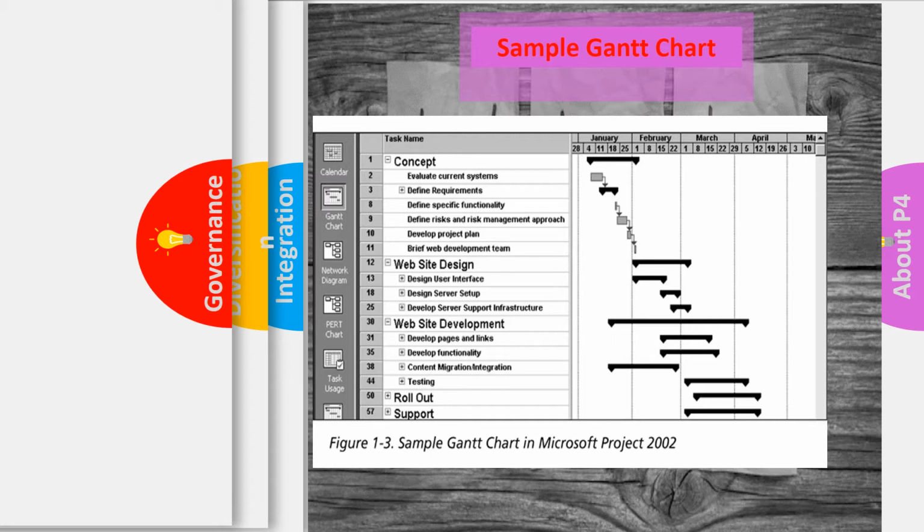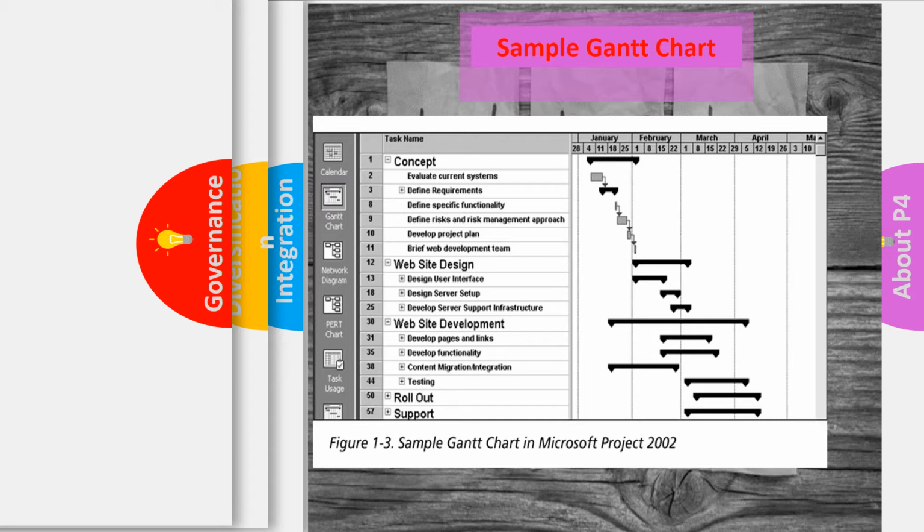It will include different sections, and each section will have a time period in terms of what you want to achieve, and within that section you will have subsections of elements that need to be achieved in order to achieve that whole section. So this section here is concept, so you would have different elements within that, including evaluating current systems, defining requirements, defining specific functionality.